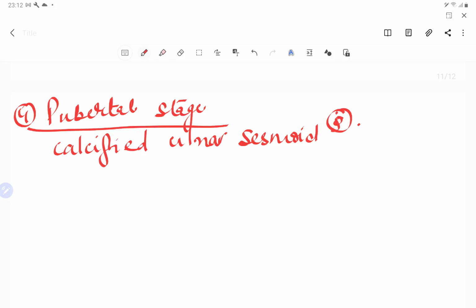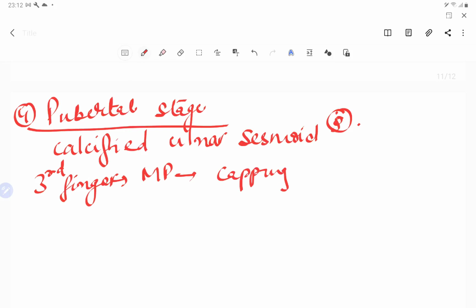And from the pubertal stage we will be talking about the third finger. Till now we were talking about the second finger, proximal phalanx, right? Now we will be talking about the middle phalanx. So in the middle phalanx, there is capping of the diaphysis by the epiphysis.